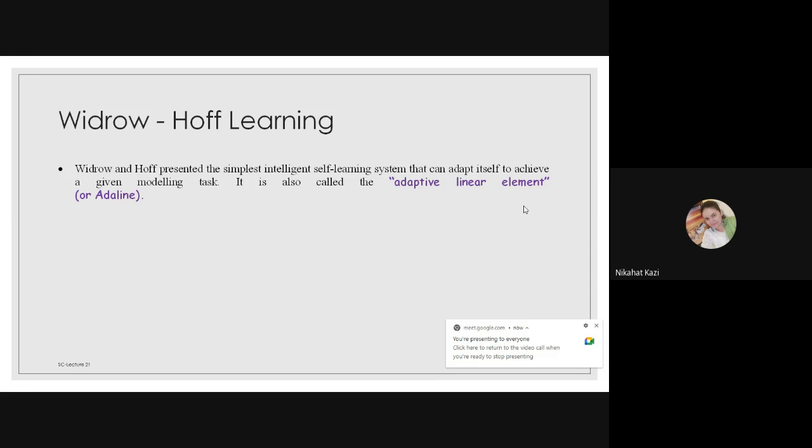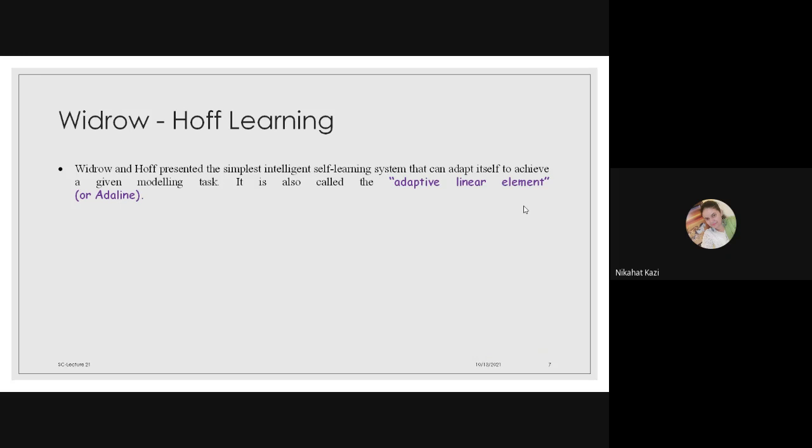It's a very simple learning rule, where the learning signal is very straightforward. You do not have any kind of derivative here, and you do not have any kind of activation function here as well.